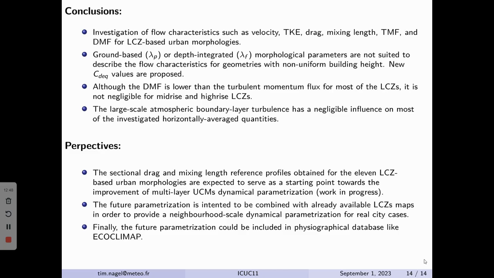OpenFOAM, Fluent? No, Meso-NH with immersed boundary methods. Okay, I see. So you don't resolve the cubes, but just add the drag. No. Yeah, that's a mesoscale model, but it can be run even at 1 centimeter resolution because there's no limitation in the equations, and to represent the buildings, there's an immersed boundary method that has been added.